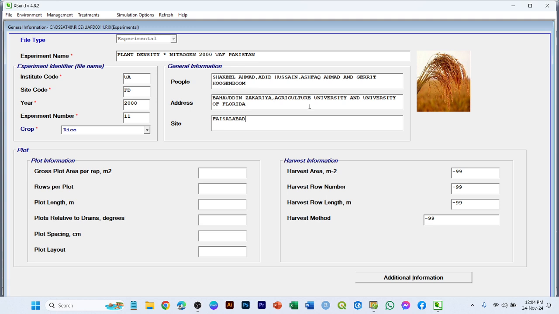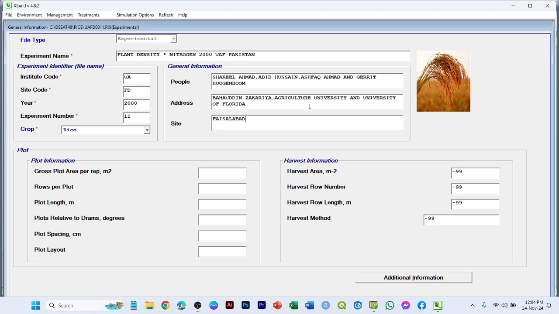So this was the interface of the experimental file, right? Within the experiment, you have to go to environment, top left side. This is the so-called experimental file, or you can say the XBuild file as well.